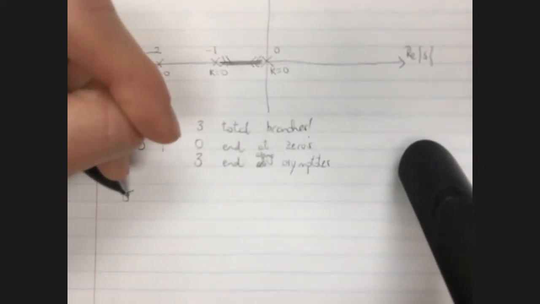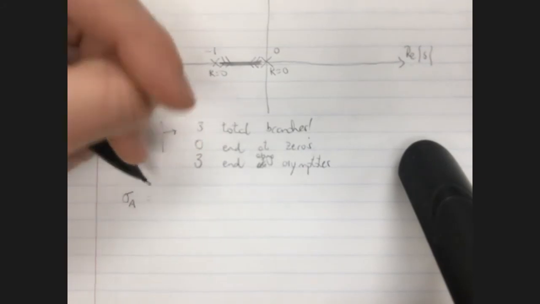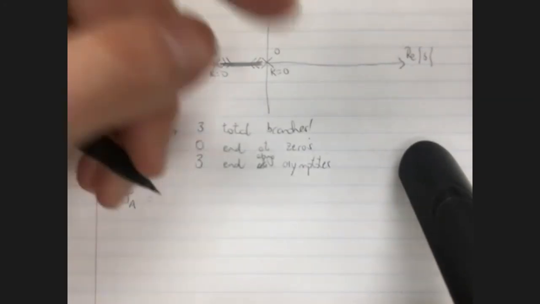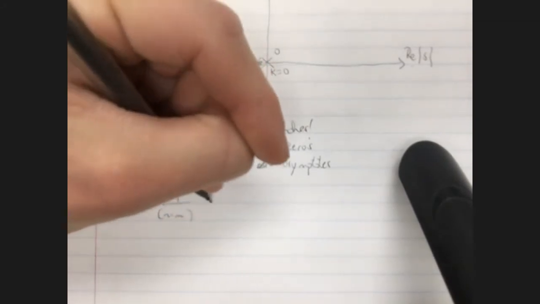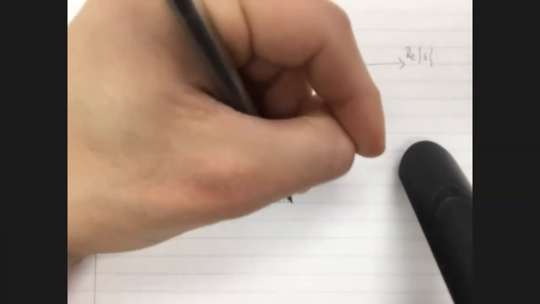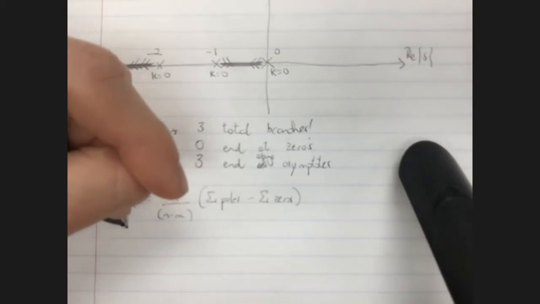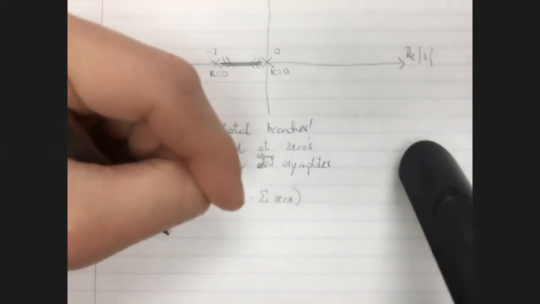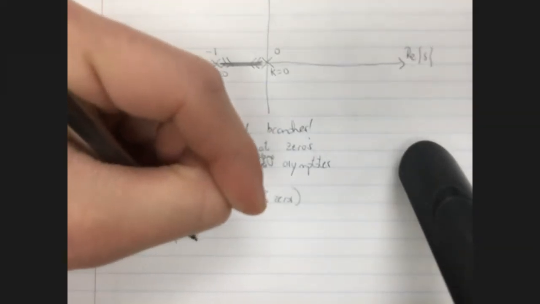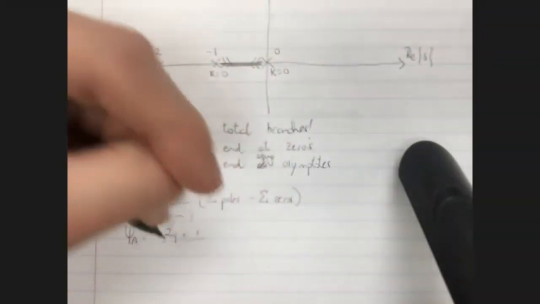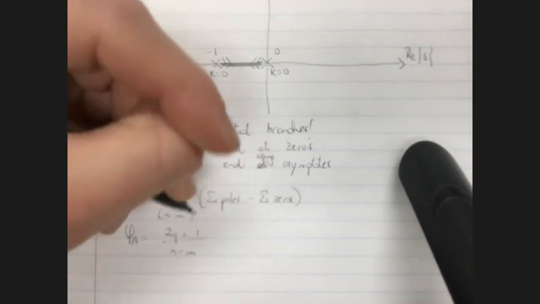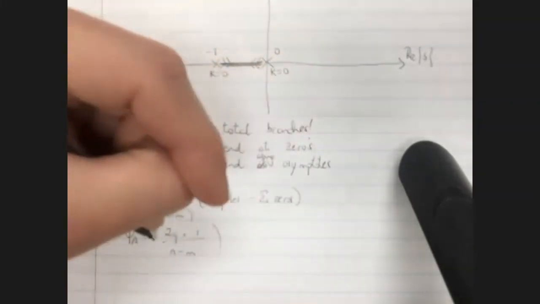So we've got sigma A, that's 1 over n minus m times the sum of poles minus the sum of zeros. And then my angles of my asymptotes: 2q plus 1 over n minus m times 180.